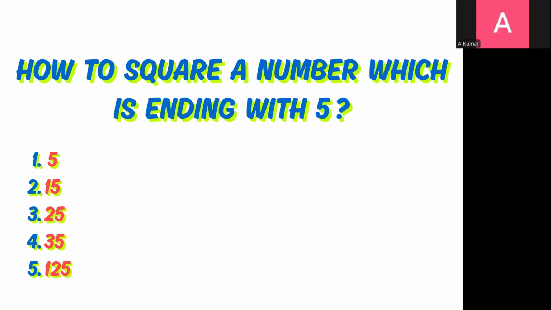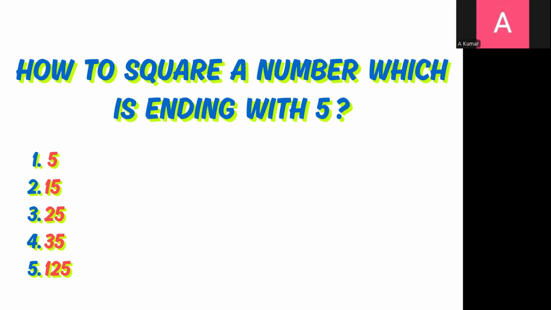They can get like 125. Okay. If I ask you to square these numbers, I'm pretty sure some of you will struggle and take a few minutes. But now, if you follow these two simple rules, which I'm going to tell you in the next few seconds, you will be able to make these squares very fast.